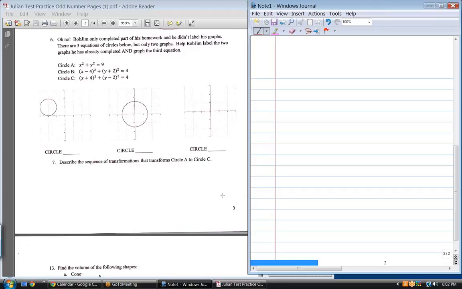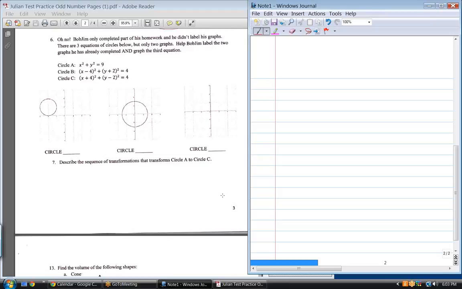Okay. So first of all, how is it going horizontally and vertically? It's going up 2, left 4. Left 4, up 2.